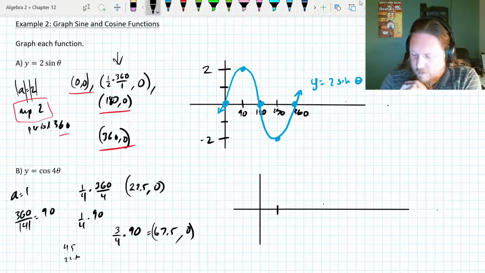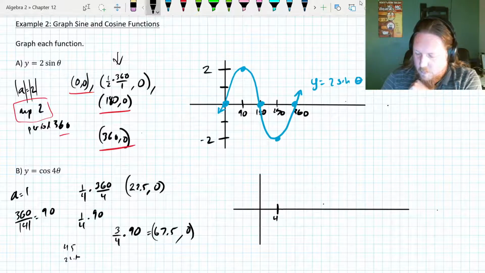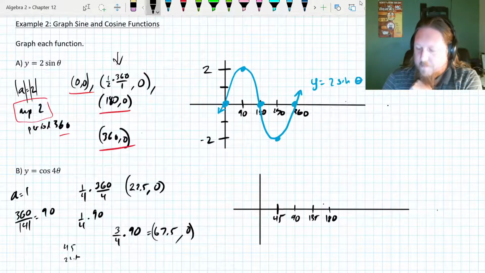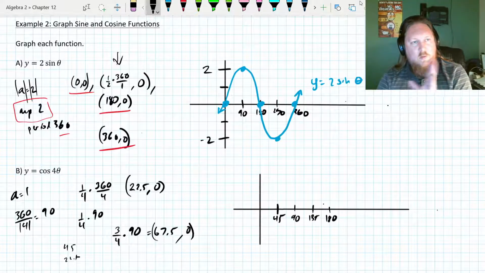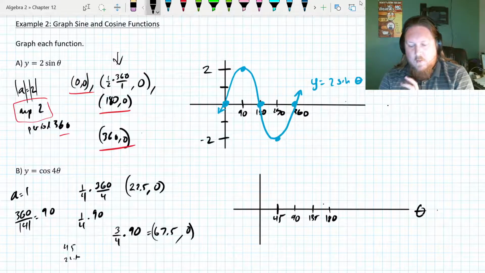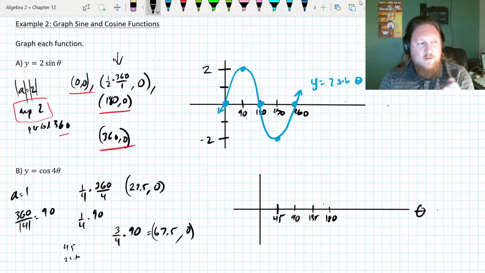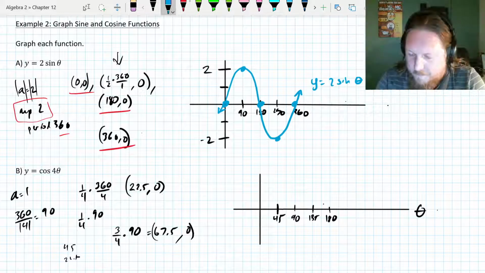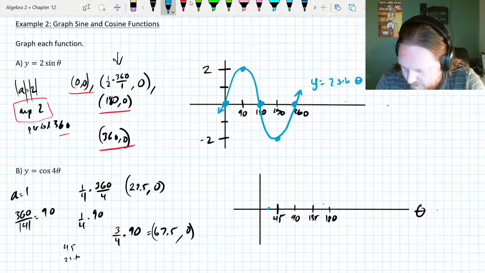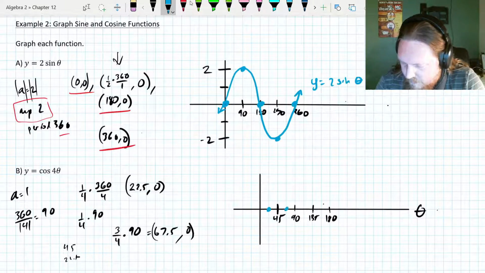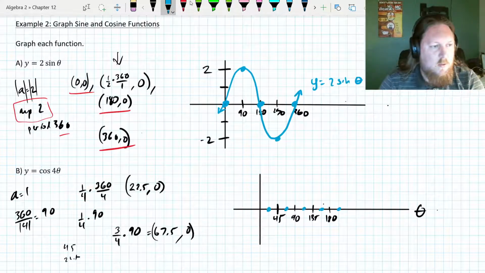So if I make every 2 lines 45 degrees, that'd be 135, and let's do 180 there. If I make every 2 lines on the theta axis 45 degrees, that means every line is 22.5 degrees. Okay, 22.5, boom. 67.5, that's right in the middle here. So it looks to me like I'm doing every other mark there.